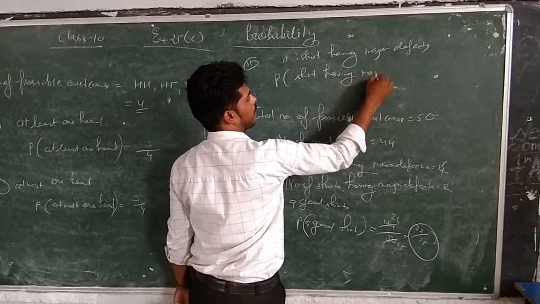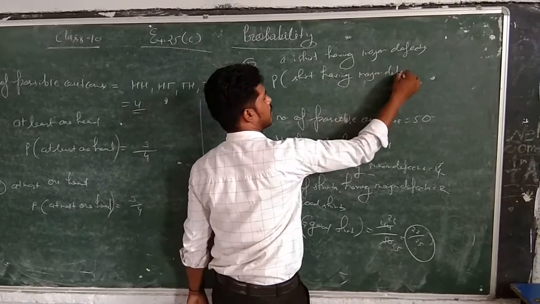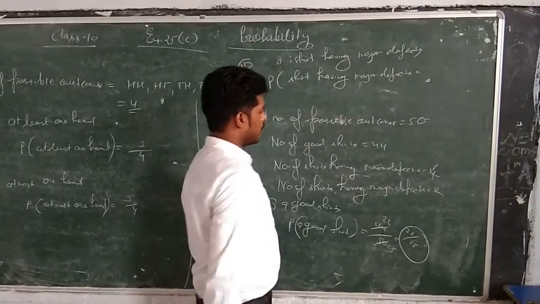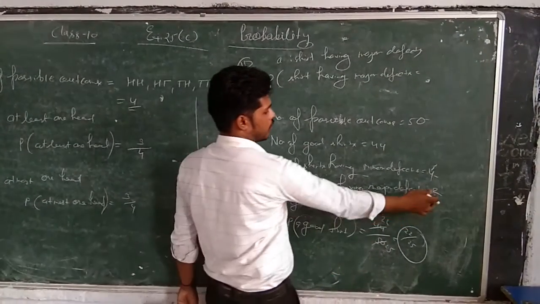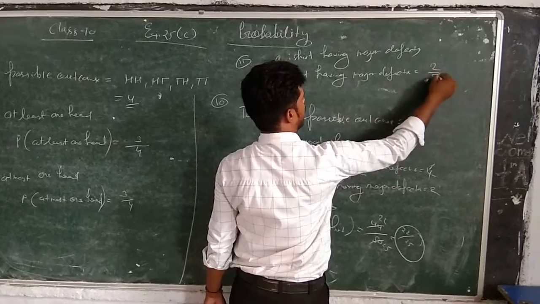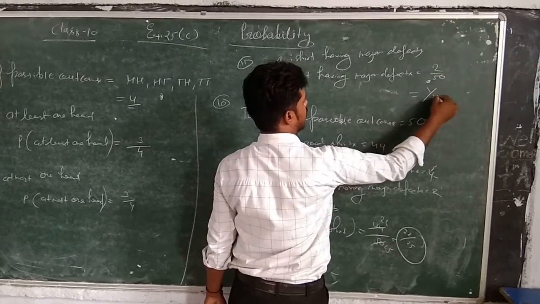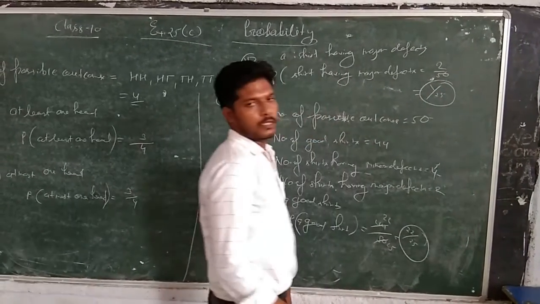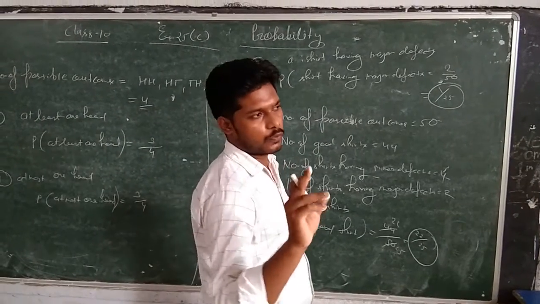You know very well the number of shirts having major defects is 2. So 2 upon 50, you will reduce it, and you will get 1 upon 25. So out of 25 shirts you will get one defective shirt which is major.